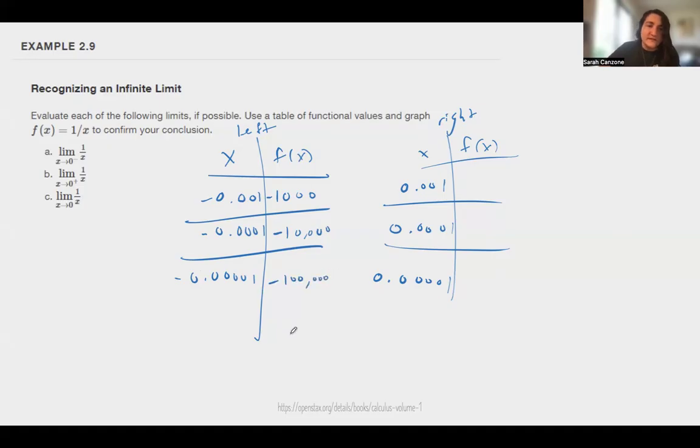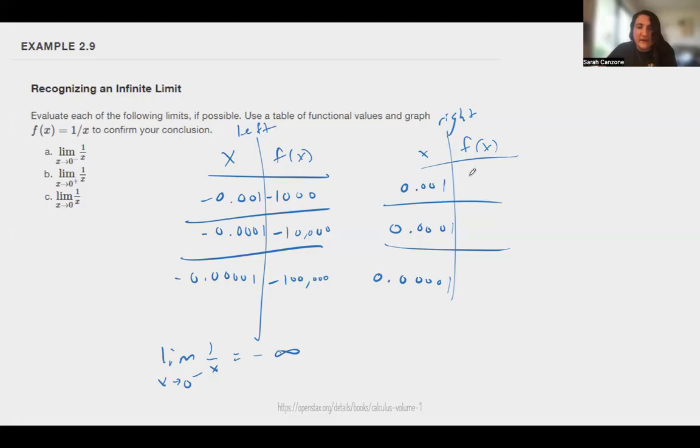What you notice is these are increasing very, very quickly. So if you did another decimal place here, it would be negative 1,000,000, and so on. And so the limit here, as x approaches 0 from the left of 1 over x, is negative infinity, because as you get closer and closer, that number is going to get infinitely bigger in the negative sense.